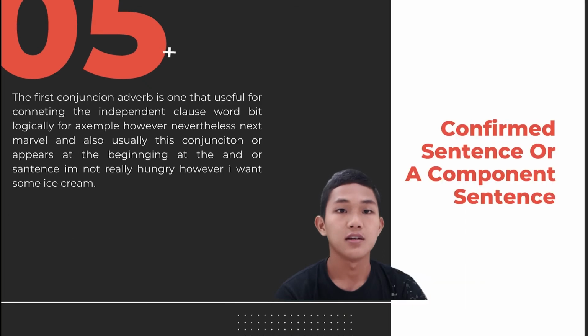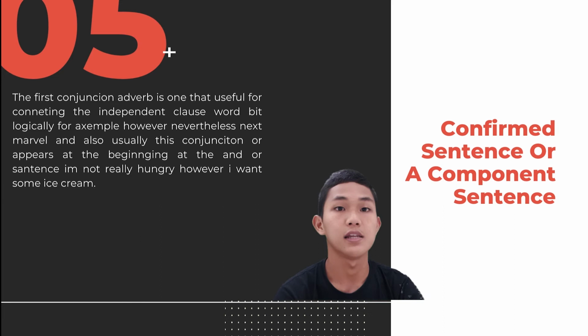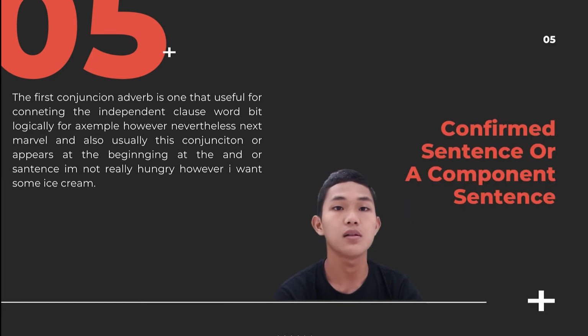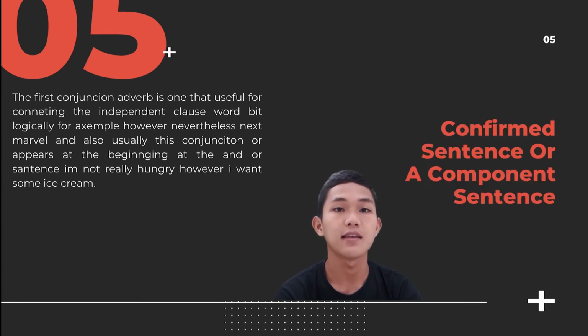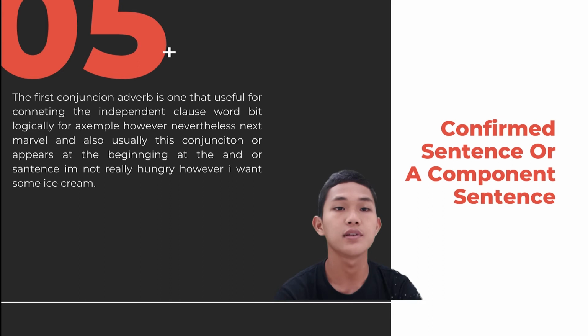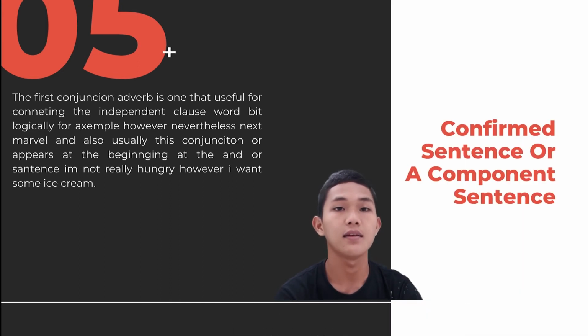The first is the conjunctive adverb, one that is useful for connecting independent clauses logically, for example however, nevertheless, next, moreover, and also.